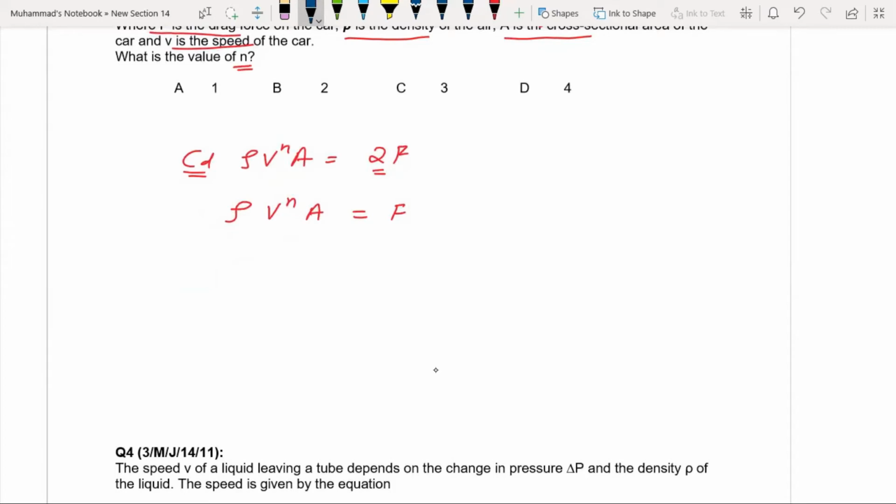What is the SI base unit of rho? Rho is density, and density is mass per unit volume. That is kg for mass, and volume is meter minus 3.